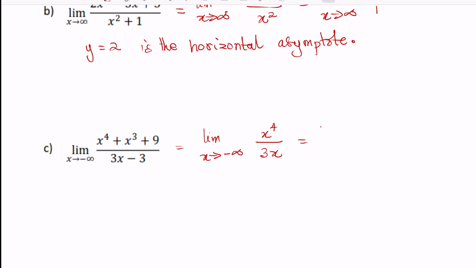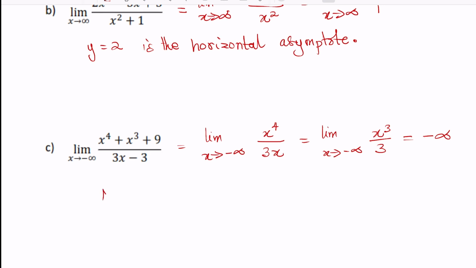If we simplify, we have the limit as x approaches negative infinity of x cubed over 3. And as we substitute in negative infinity, this goes to negative infinity. So this tells us that we do not have a horizontal asymptote. Why?